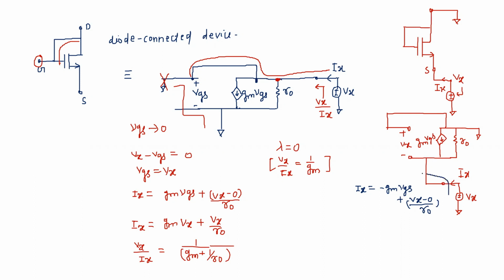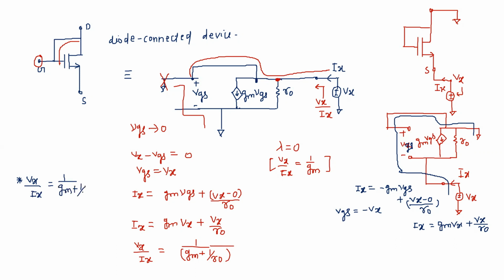Looking at this KVL from Vx to ground, this VGS is nothing but equal to minus Vx. So from here I get Ix equal to gm Vx plus Vx by r0. Again we are getting the same expression, so Vx by Ix equal to 1 upon gm plus 1 upon r0.